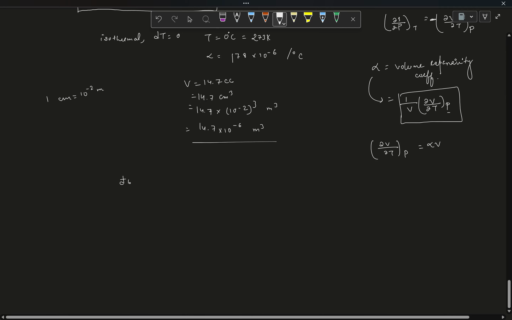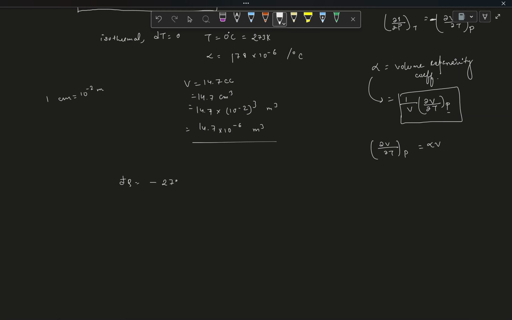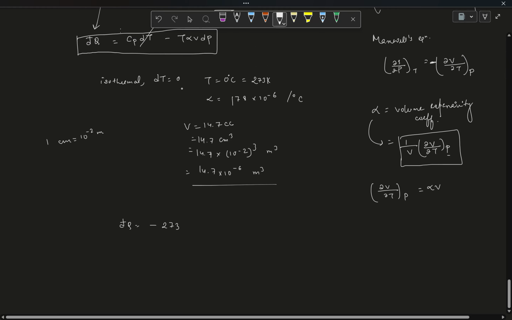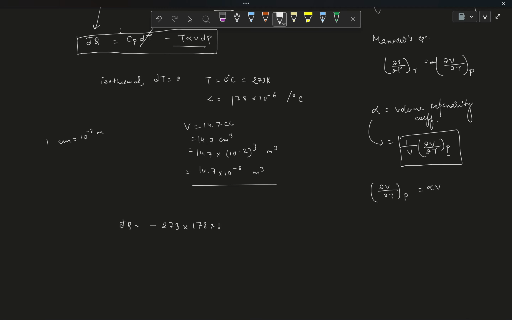So your dq equals just minus T, which is 273 Kelvin. Now I am putting all these terms together: into alpha, which is 178 into 10 to the power of minus 6, into V, which is 14.7 into 10 to the power of minus 6, into dP, which is your 1000 atmosphere, which is 1000 into 1.013 into 10 to the power 5 Newton per meter square.